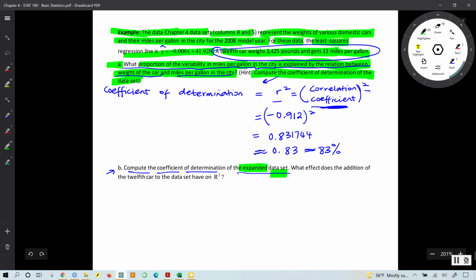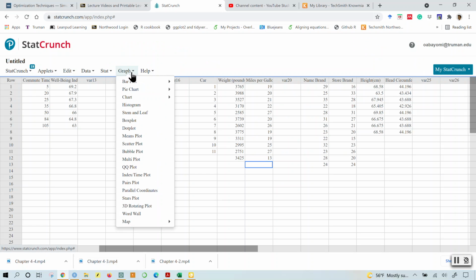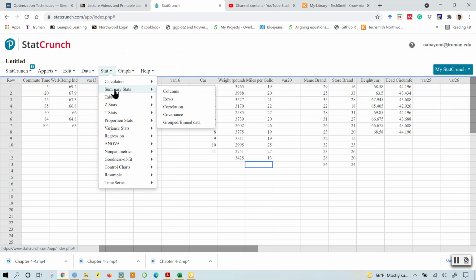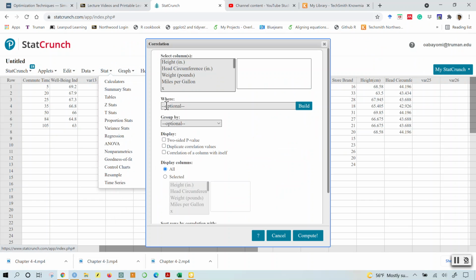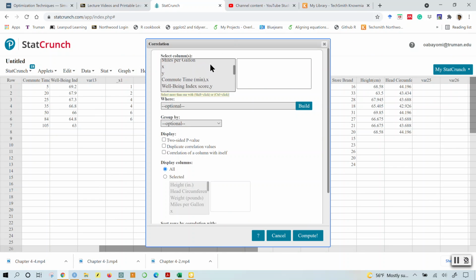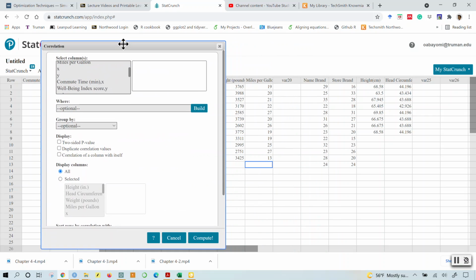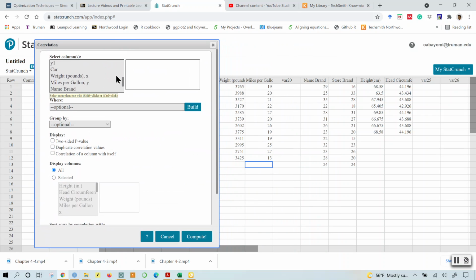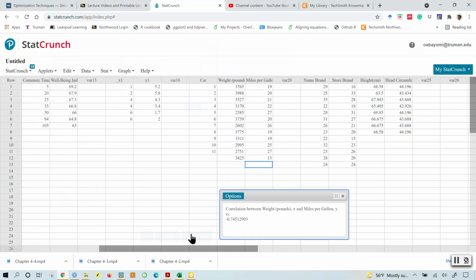And once that is done, I would like to compute the coefficient of determination. So what I will do is go to Stat, go to Summary Stats, go to Correlation between weight in pounds, X and Y. So I have this. All right, and compute again.